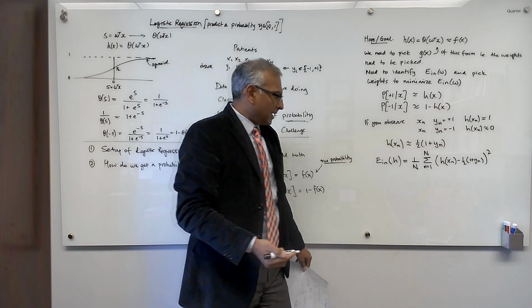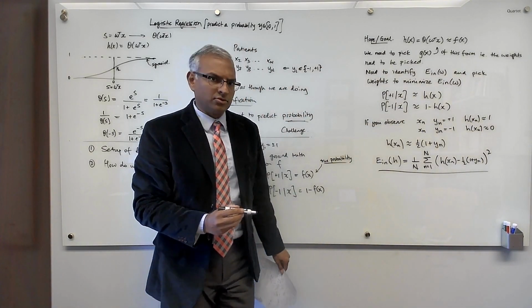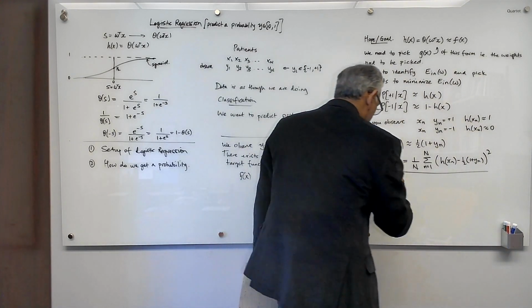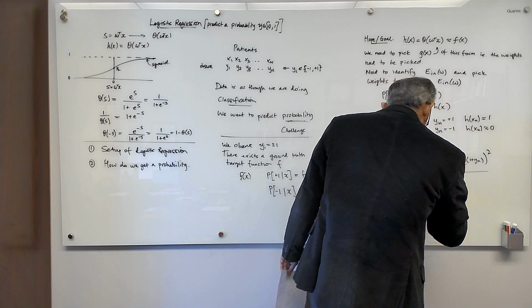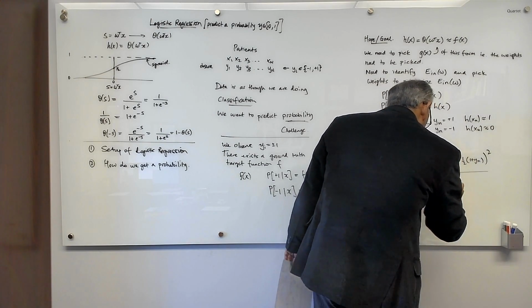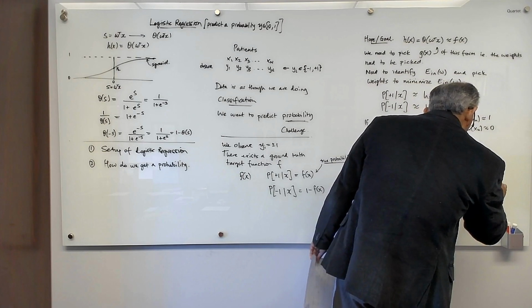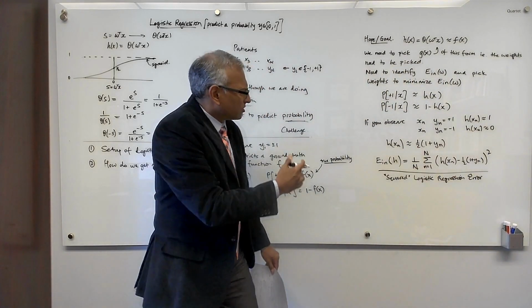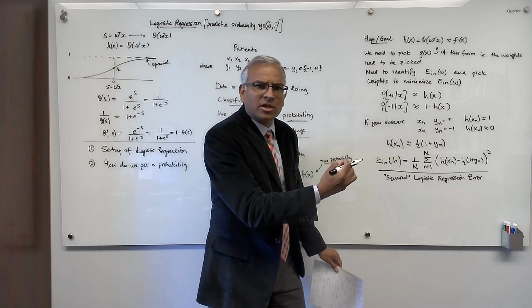You could think of that as the squared logistic regression error. I just did that to show you the process by which we can derive an error to accomplish the task that we're trying to solve.